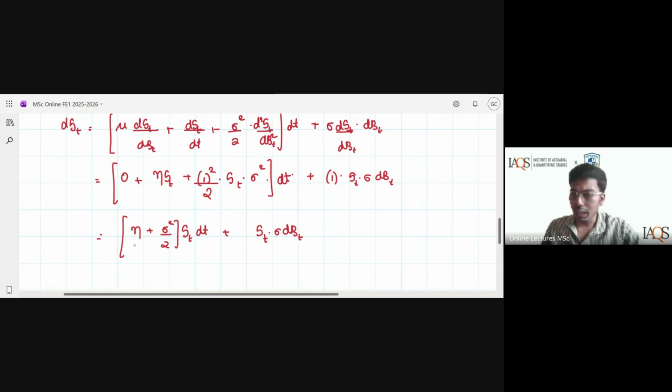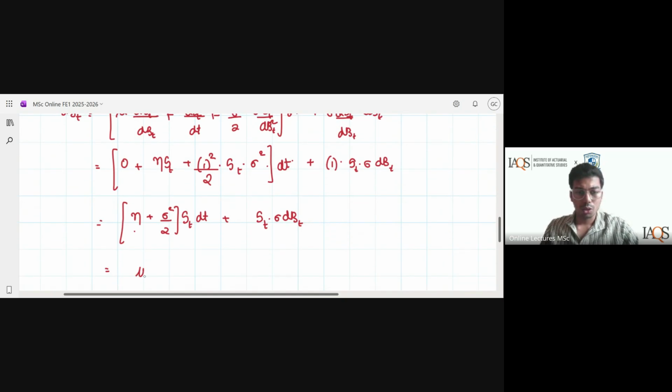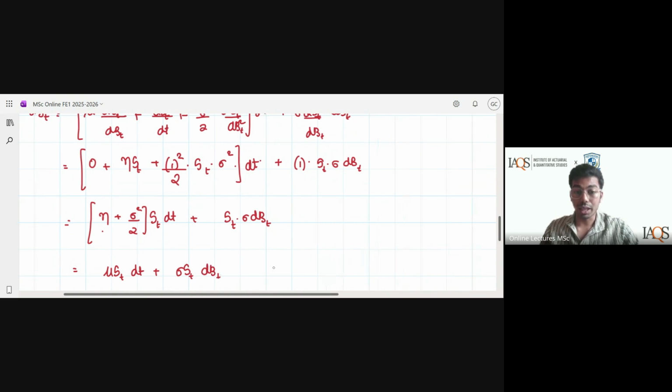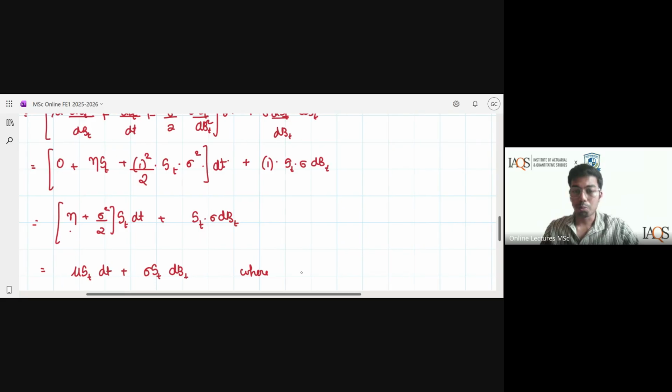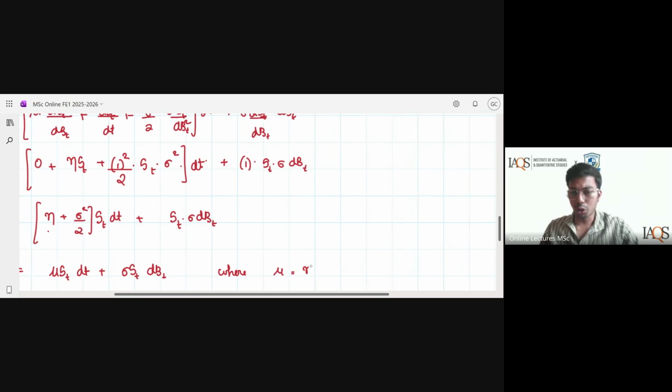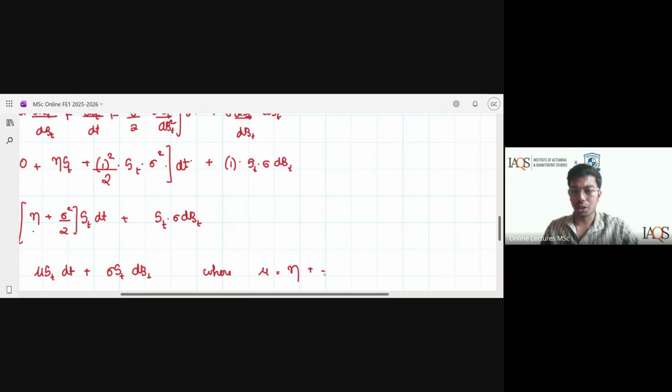Now, can I say eta is a constant, sigma is a constant? Thus, can I write this as mu St dt plus sigma St dBt, where mu is equal to the drift of general Brownian motion plus the diffusion of general Brownian motion divided by 2.